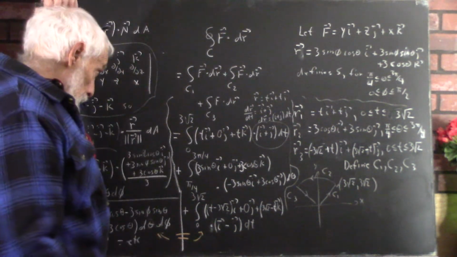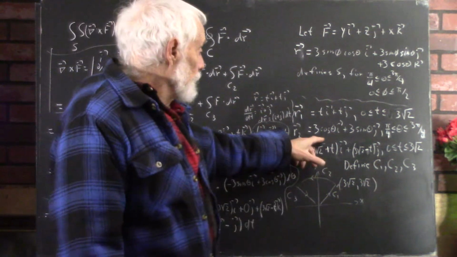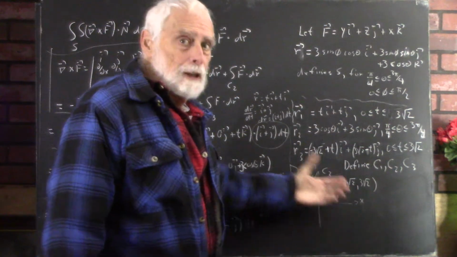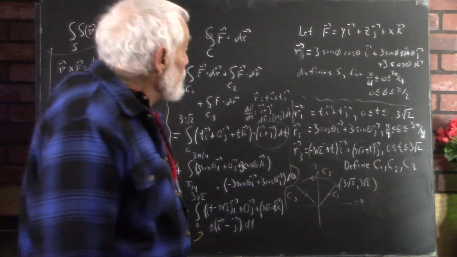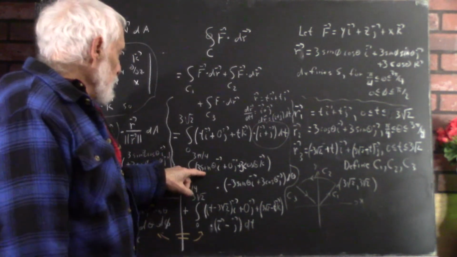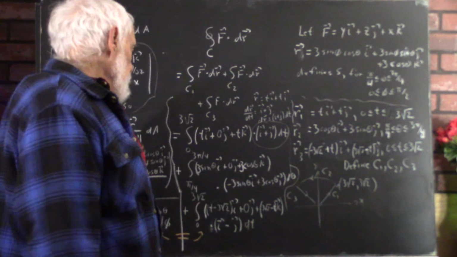Familiar parameterization. So when we integrate here, now our x is 3 cosine theta, our y is 3 sine theta. We're still in the xy plane, so z is 0. So that yi plus zj plus xk is 3 sine theta i plus 0j plus 3 cosine theta k.